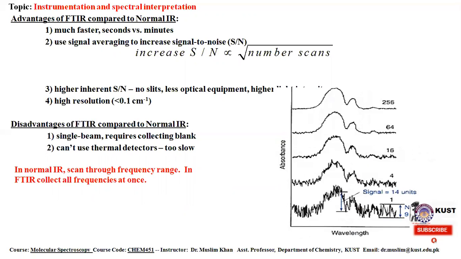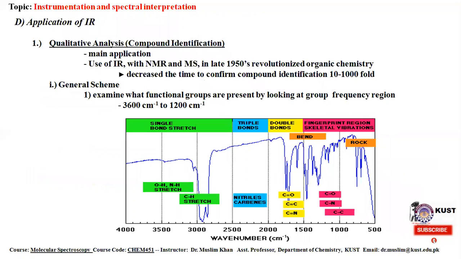It is a single beam, it requires collecting a blank, and it can't use a thermal detector, which is too slow for FTIR. In normal IR, you scan through a frequency range, and FTIR collects all the frequencies at once. So this was a small comparison of FTIR spectroscopy with normal IR spectroscopy.